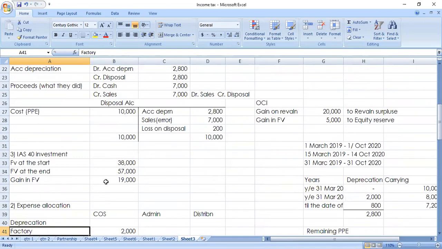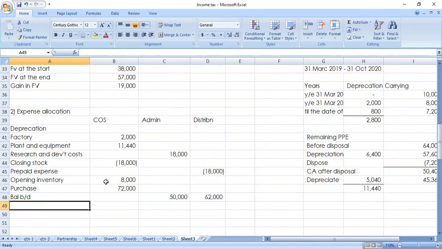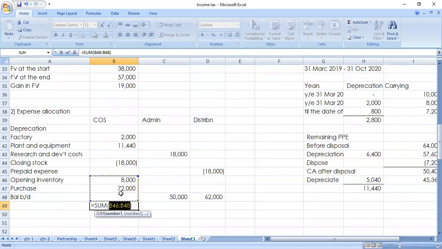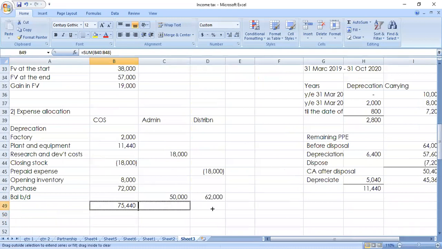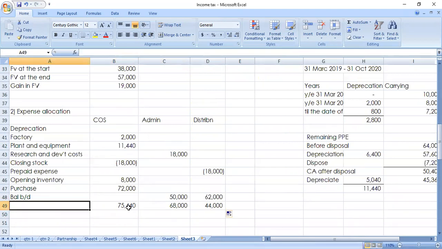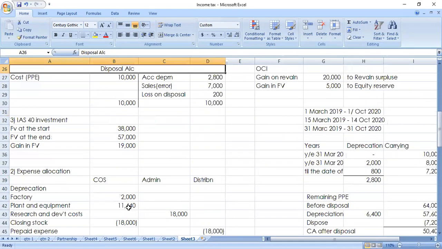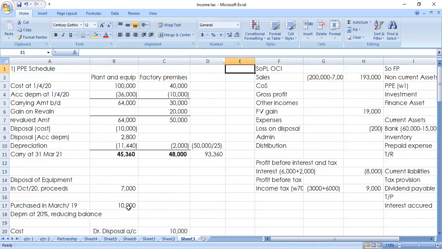Start with cost of sales. So when you add all this, this is what you'll get. 75. When you add this side, that's what you'll get. So cost of sales, these are totals. You can call them totals or you can call them balance carried down. It's usually up to you. Okay, so I'll come here and say under profit or loss, the cost of sales.